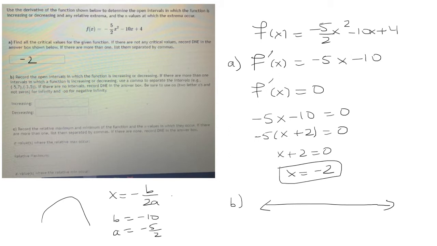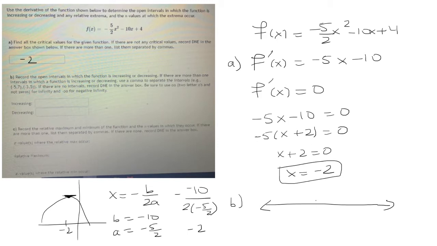So when you take opposite of negative 10 over 2 times negative 5 halves, you should get negative 2. Okay, so in other words, x equals negative 2 is the peak here, and that's the critical point where the derivative is 0. Okay. So that was a good way to check part A, by the way.